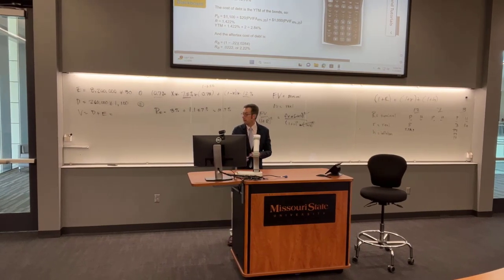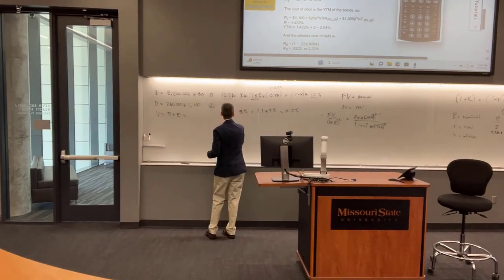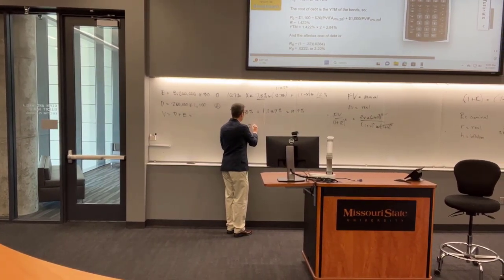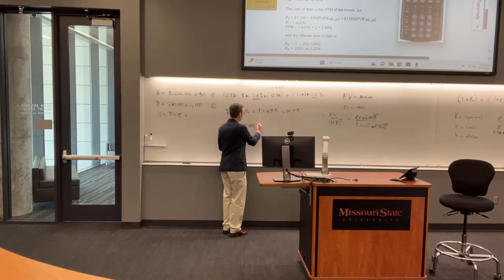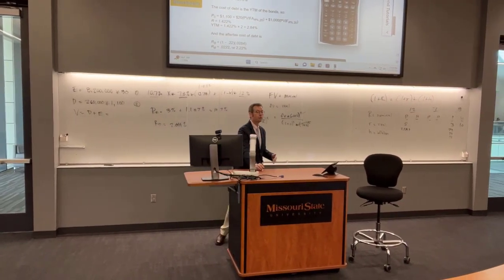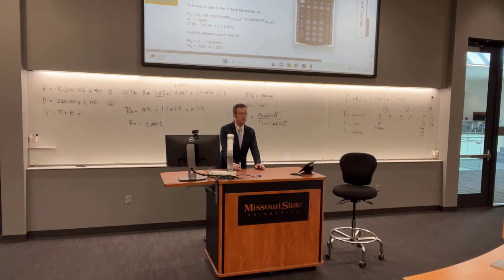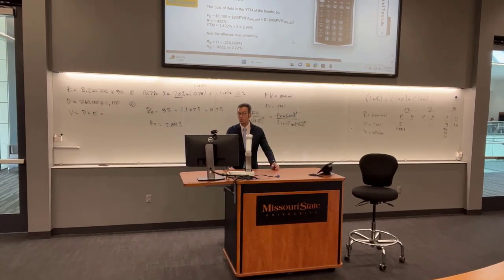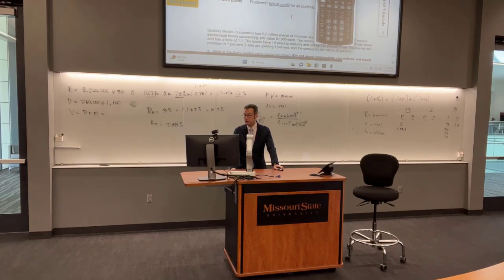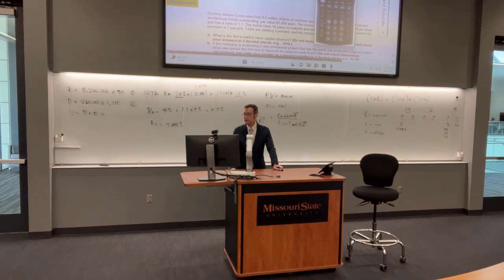So that's going to be our required return on debt, 2.844%. Now that is a pre-tax number, so we're going to have to multiply it by 1 minus T. The tax rate was 22%, so 0.78. There's our after-tax amount.